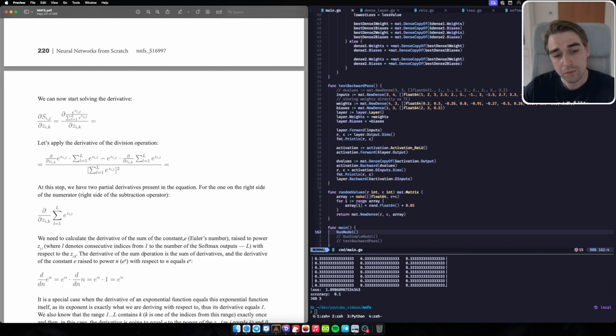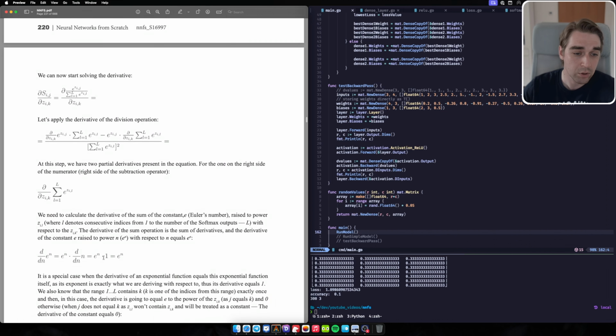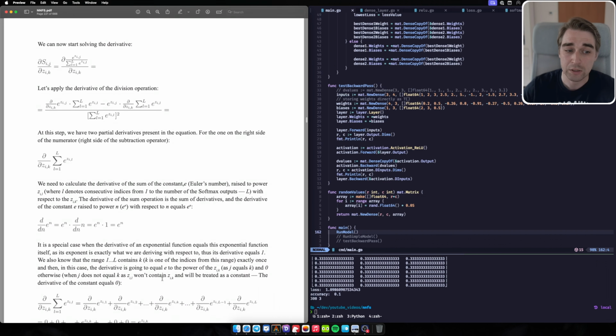The derivative of the sum operation is the sum of the derivatives, and the derivative of the constant e raised to the power of n with respect to n equals e to the power of n. It is a special case when the derivative of the exponential function equals the exponential function itself, as its exponent is exactly what we're deriving with respect to, so its derivative equals 1.